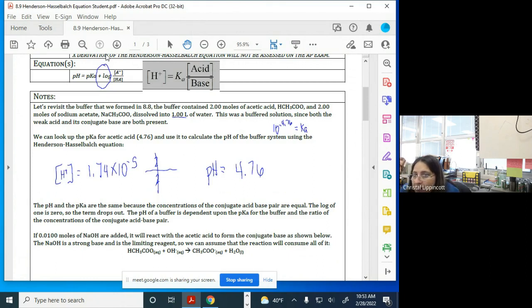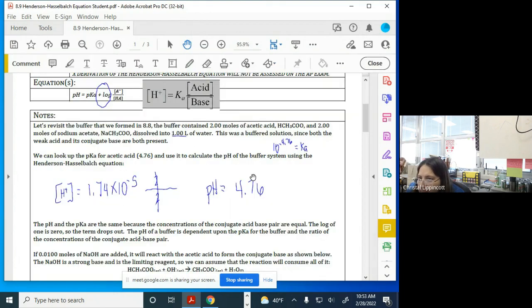And really, if you look at their equation here, it is somewhat similar to mine. They just have pH here.